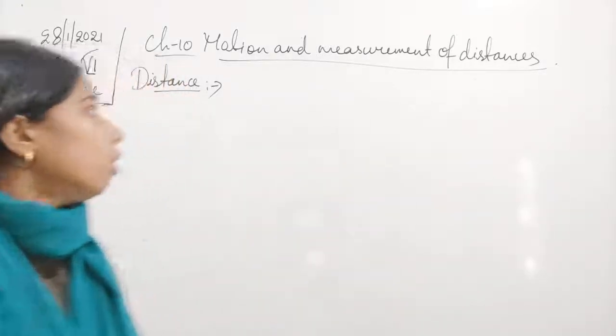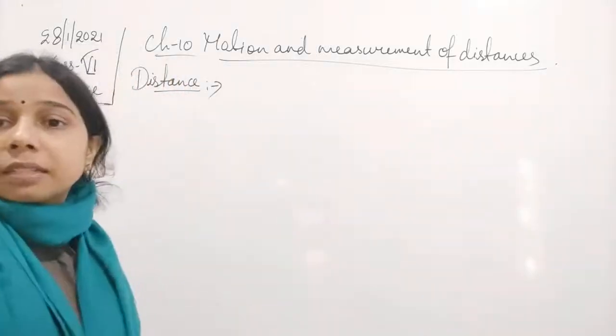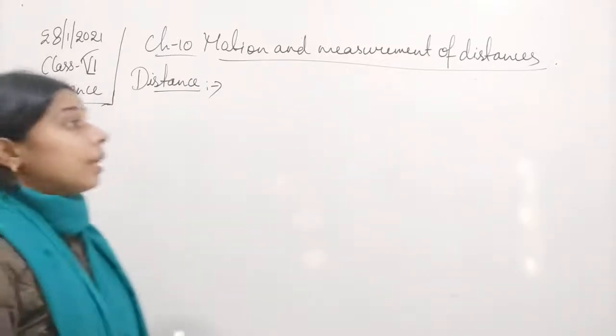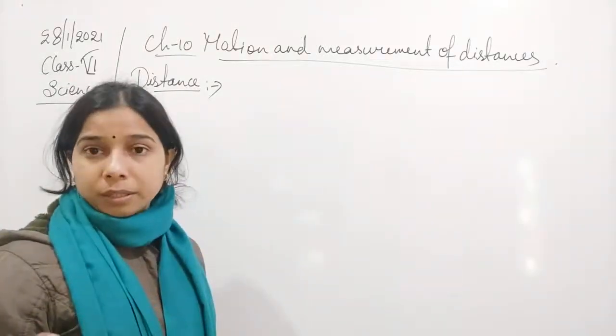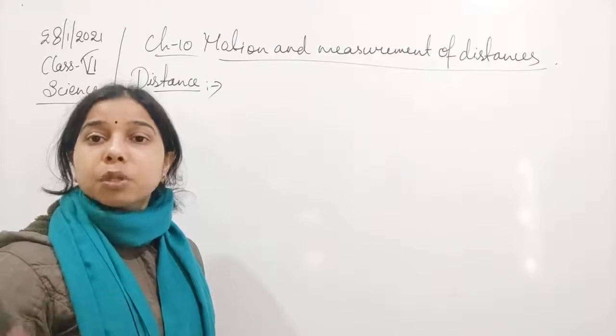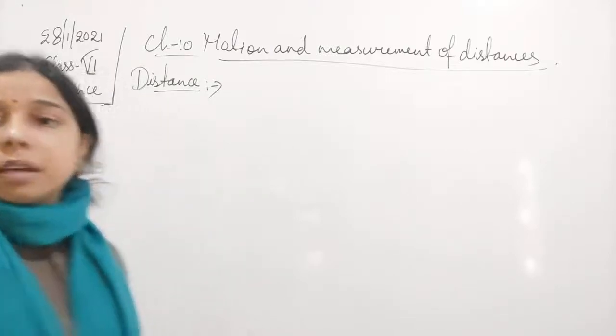First of all, we will write the definition of distance. So distance is what? The length between two objects, meaning the space between two points, is called a distance.